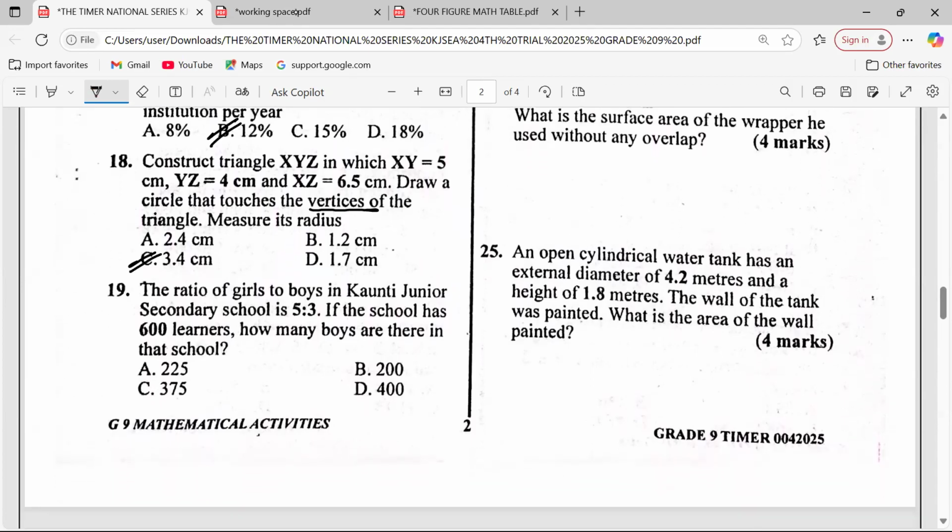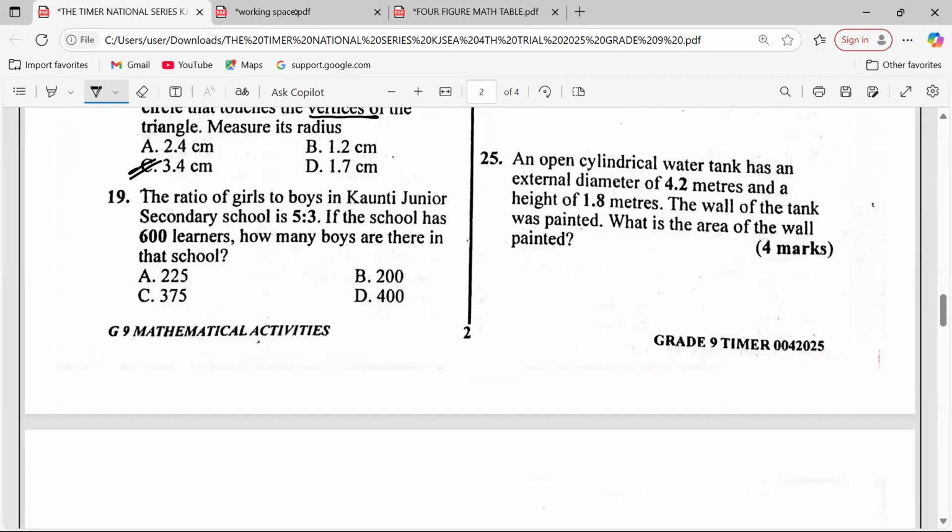Number 19. The ratio of boys to girls in county junior school is 5:3. If the school has 600 learners, how many boys are there? It's on ratios. So the ratio of girls to boys means girls is 5 proportions, boys is 3 proportions.